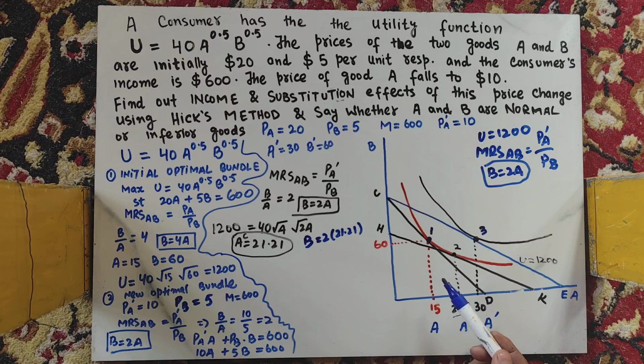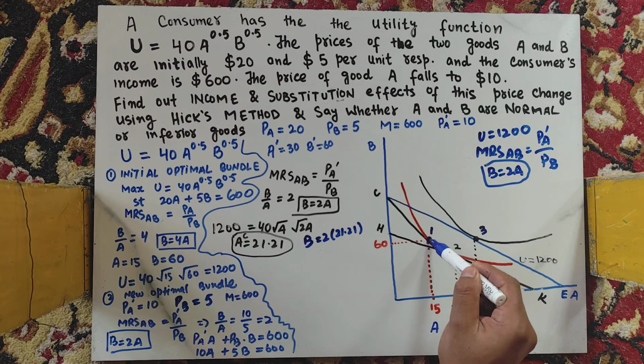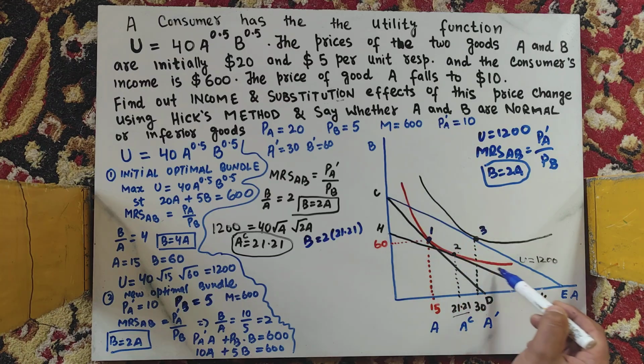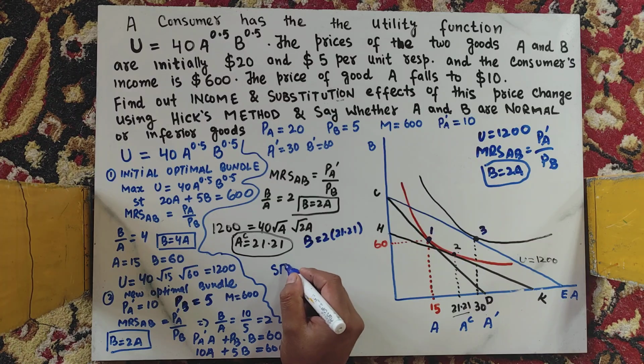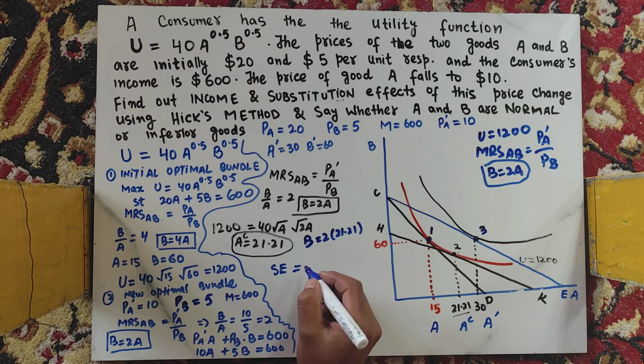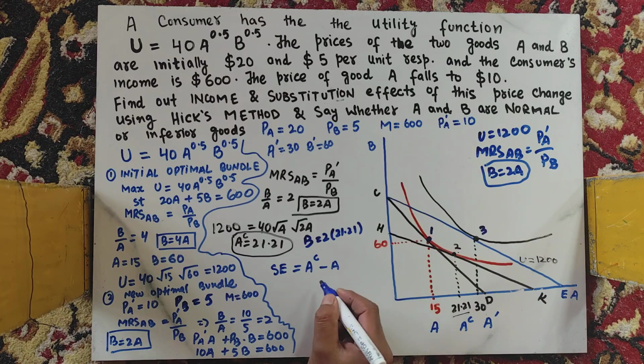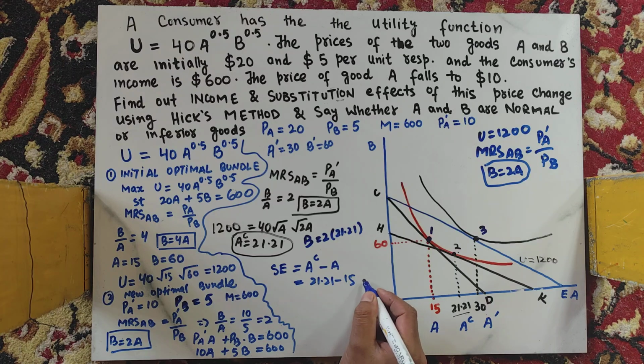Since the consumer is moving from 1 to 2 on the same indifference curve, it is the substitution effect. So the substitution effect will be equal to AC minus A, which is 21.21 minus 15, which comes out to be 6.21.